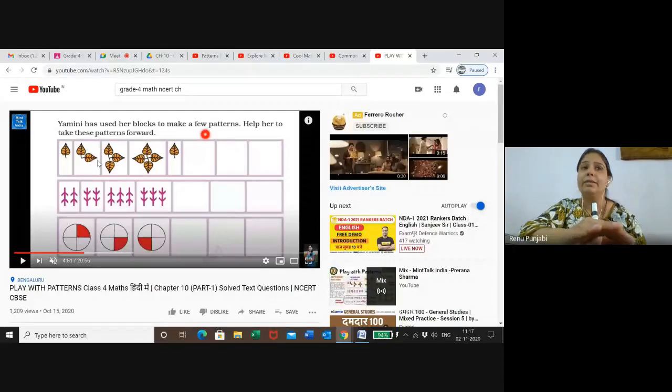Then the third one has more leaves on the half turn, and then the full flower will be on a 3/4 turn. Same way, you have to repeat this pattern: one leaf, then two leaves, then three leaves, then four leaves, and complete the design.